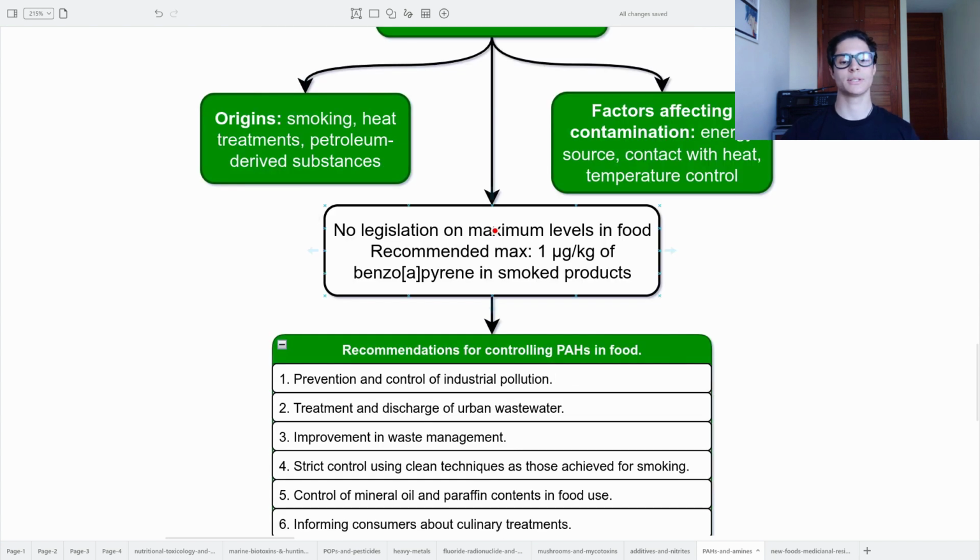There is no legislation on maximum levels in food, because these are carcinogenic compounds. But there is a recommended maximum dose, which is 1 microgram per kilogram of benzo-alpha-pyrene in smoked products.